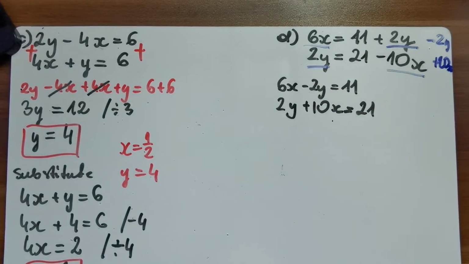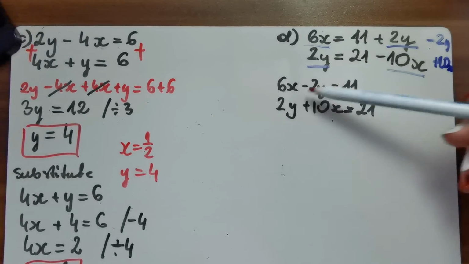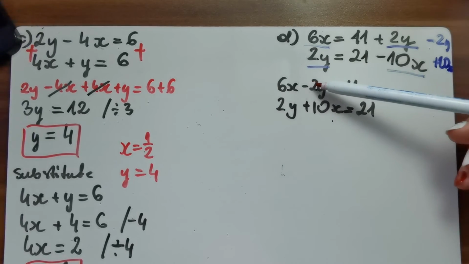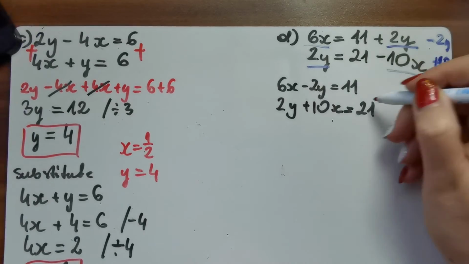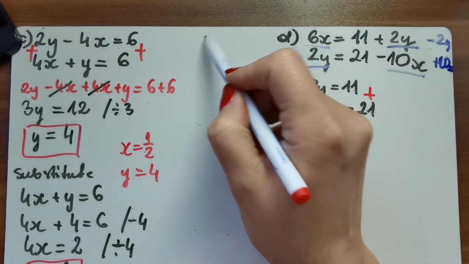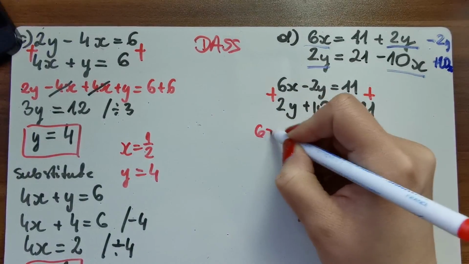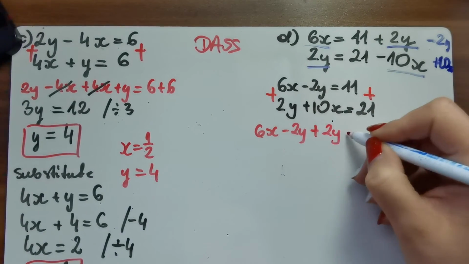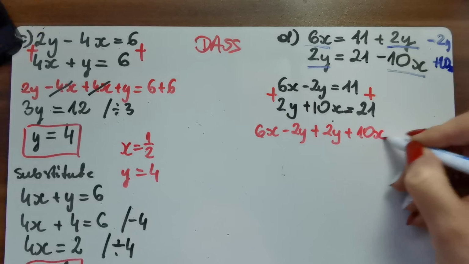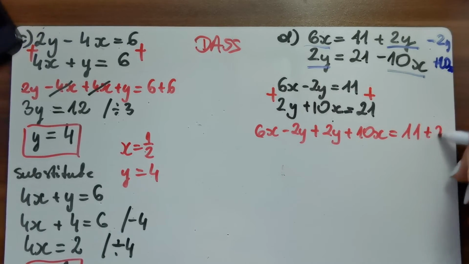Okay, so now we can compare our coefficients. Do we have any letter with the same coefficient? We have y, minus 2 and 2. So different signs, when we have different signs, we are adding our equations. So 6x take away 2y, the first one, plus 2y plus 10x must be equal to 11 plus 21.